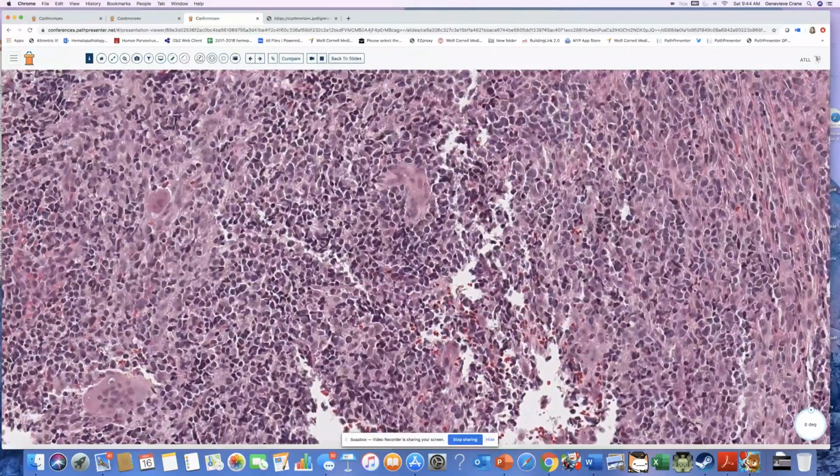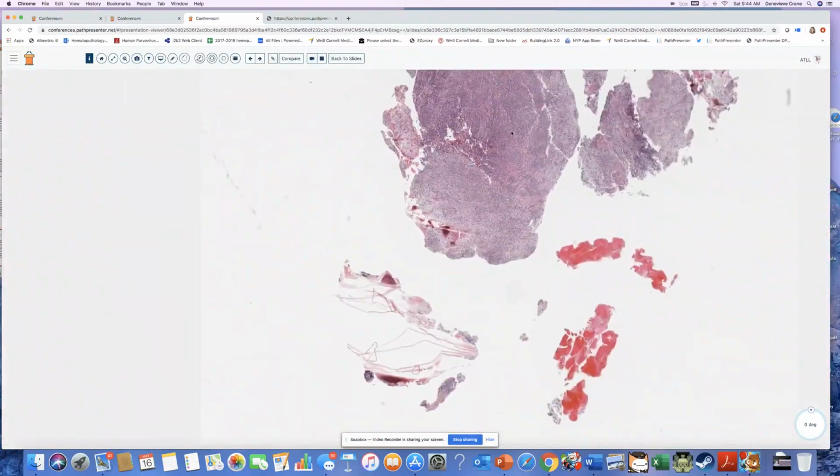The atypical cells themselves are quite pleomorphic. Some of them are larger with blastic chromatin. Other ones have slightly more condensed chromatin. They have relatively moderate amounts of cytoplasm. Some of them have indented nuclei or maybe even horseshoe-shaped nuclei.